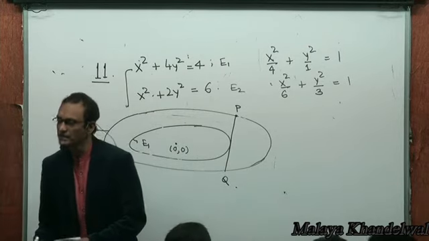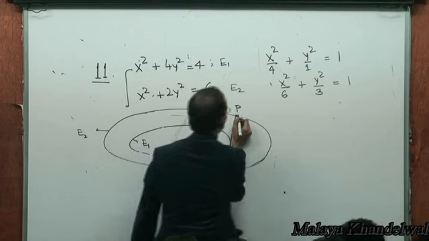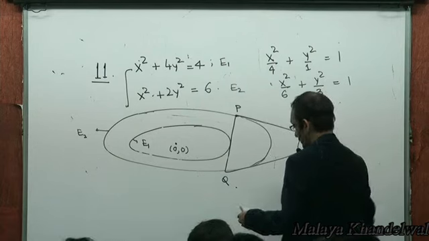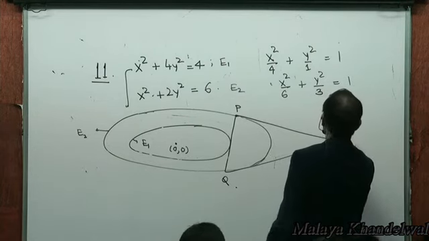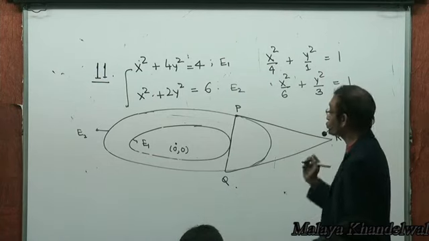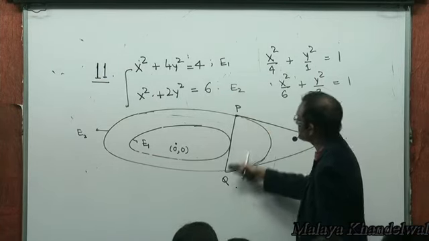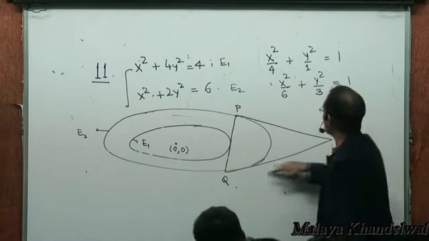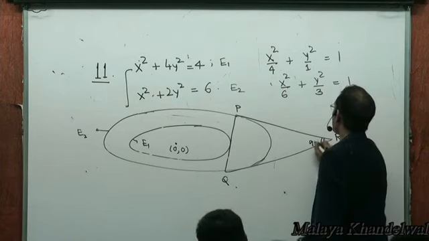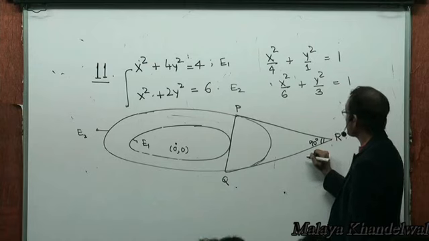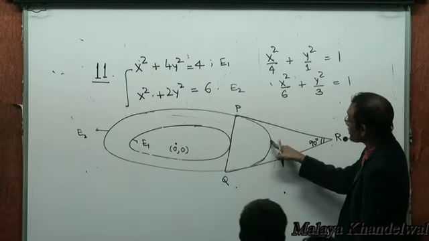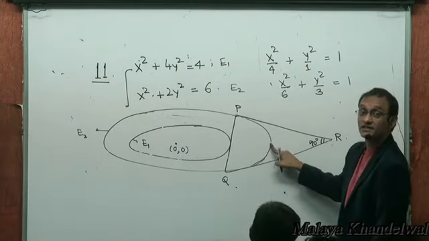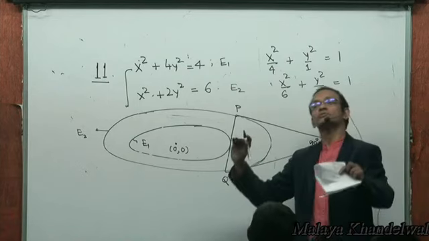It intersects the outer ellipse at P and Q. And then tangents are drawn at P and Q, and these tangents intersect at R. We want to show that no matter what tangent is selected to the inner ellipse, the tangents at P and Q must always be at 90 degrees. That means we need to show that R must lie on the director circle of the outer ellipse. Yes or no? This is what we need to show.